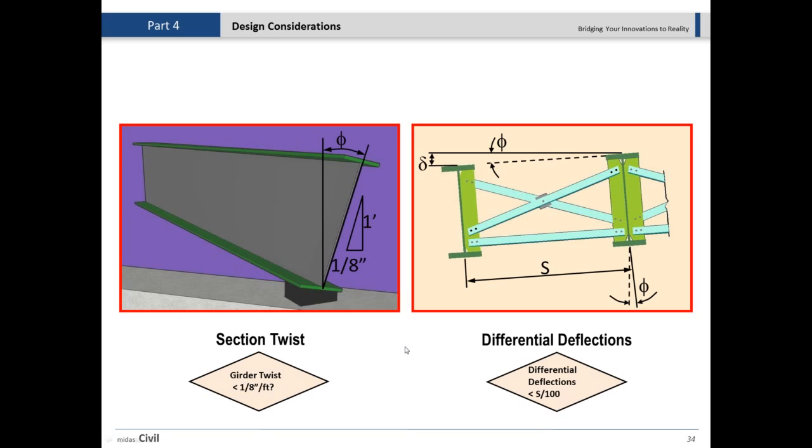I got them from Pennsylvania DOT, but each DOT may have their own consideration for this. So for example, for section twist, it should be smaller than 1/8 of a foot. And then for the total differential deflection, it should be less than S over 100, where S is the spacing between these two girders.